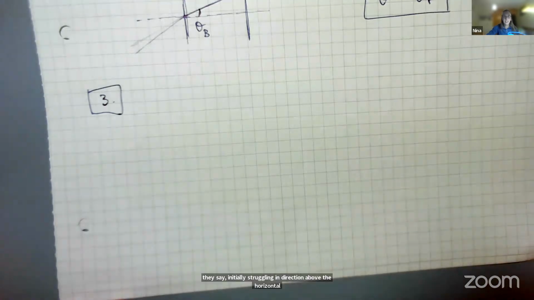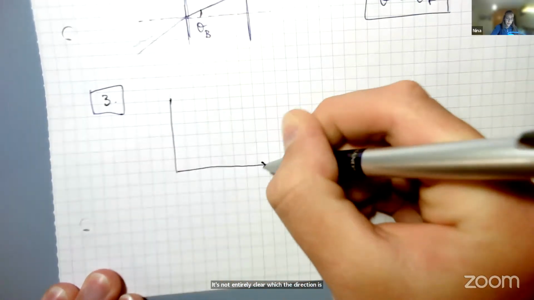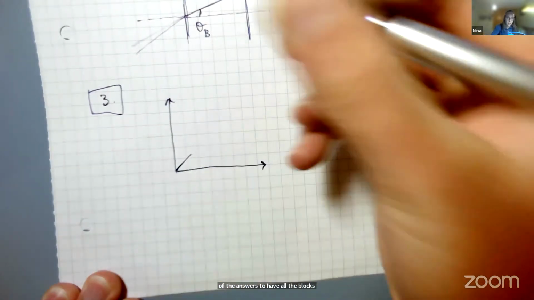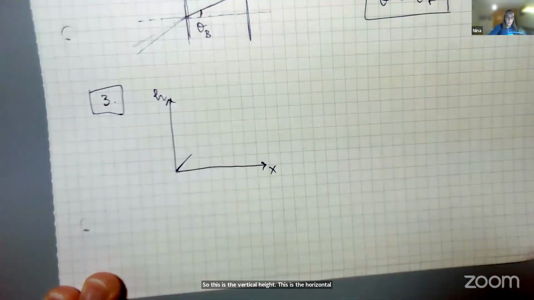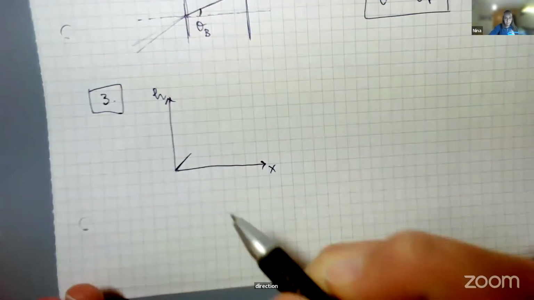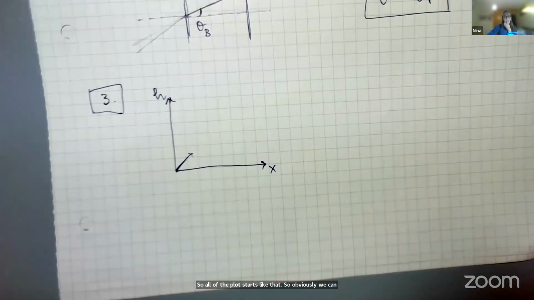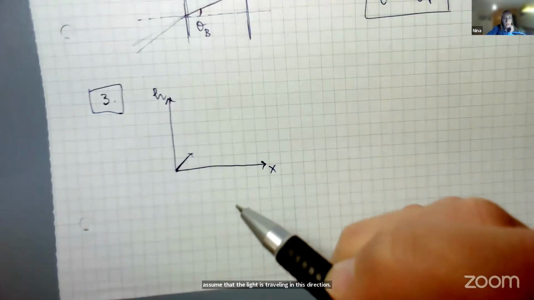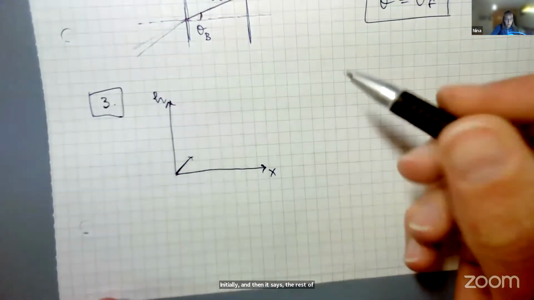It's not entirely clear which the direction is, but all of the answers you have, all of the plots start like this. So this is the vertical height, this is the horizontal direction. So all of the plots start like that. So obviously we can assume that the light is traveling in this direction initially. And then it says the refractive index increases steadily with height.